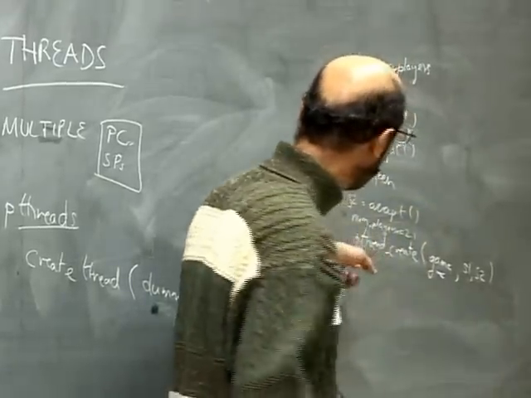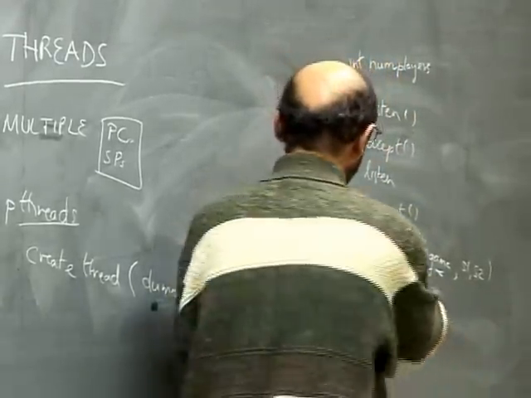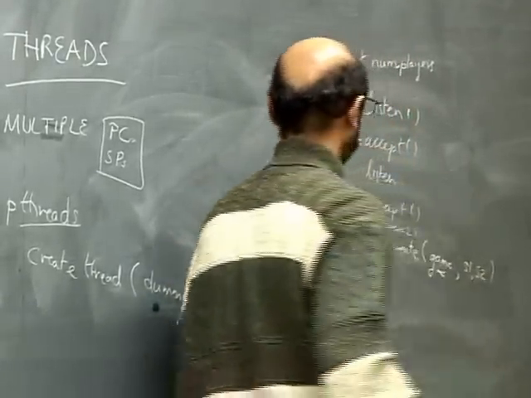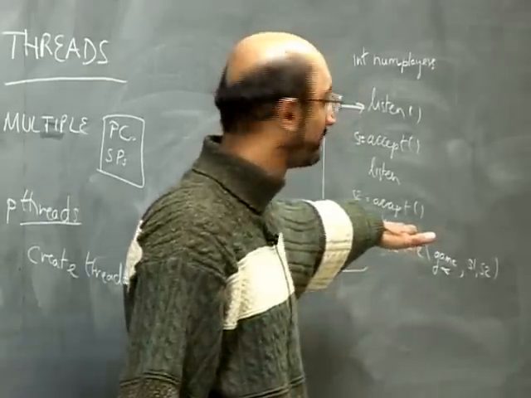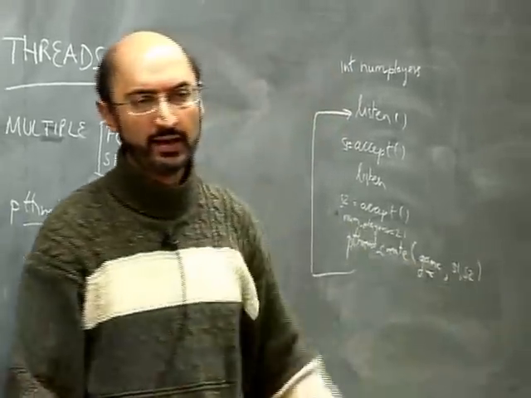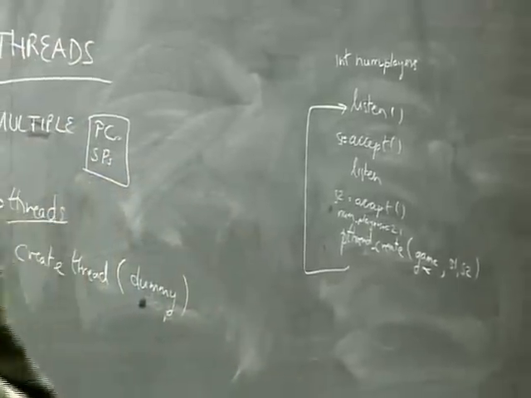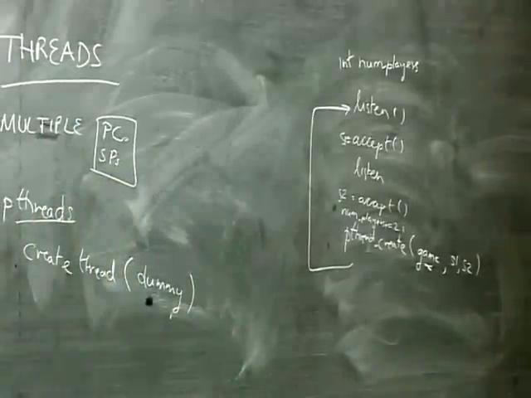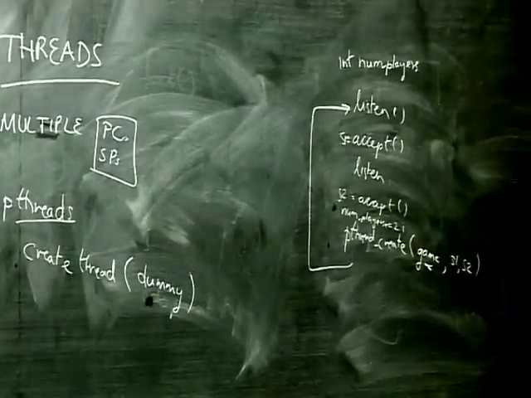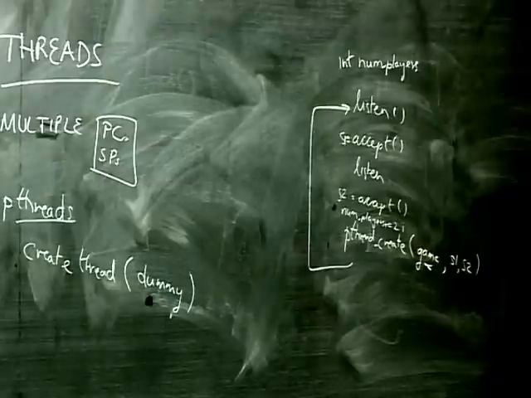Because pthread create spawns off this thread, we can go right back to the listen over here, because that's a separate thread of control, which is actually playing the game, and it can terminate its thread, no problem. The parent doesn't die. It's sitting there on the listen accept loop over here.